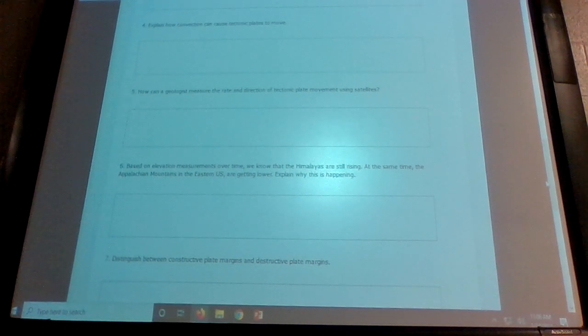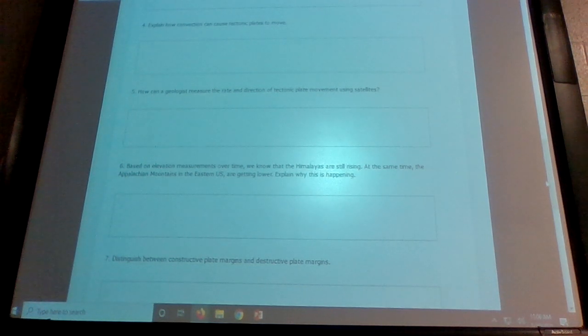Does it rise or sink? Yeah, hot stuff rises, and so cold stuff is going to do the opposite. It's going to sink. If I have something rising, can I have something sinking in the exact same spot? No. So something's got to sink somewhere else.